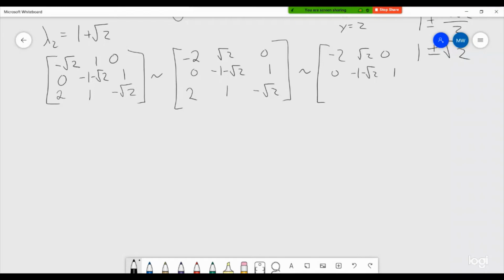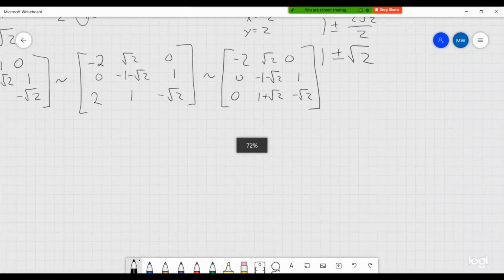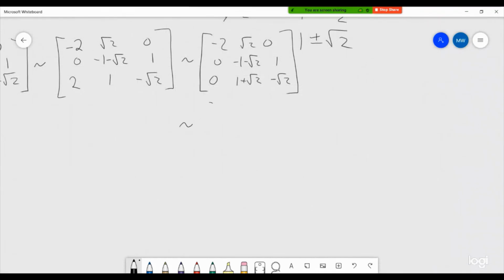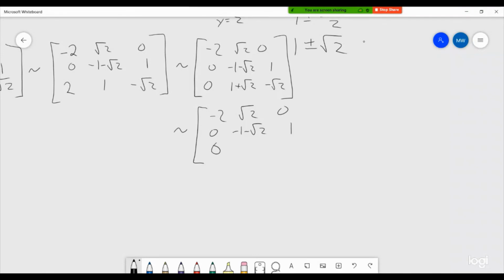Then adding the first and third rows gives us 0, 1 plus the square root of 2, and negative square root of 2. We can then add the second and third rows. That becomes negative 2, root 2, 0, 0, negative 1 minus root 2, 1, 0, 0, 1 minus root 2.